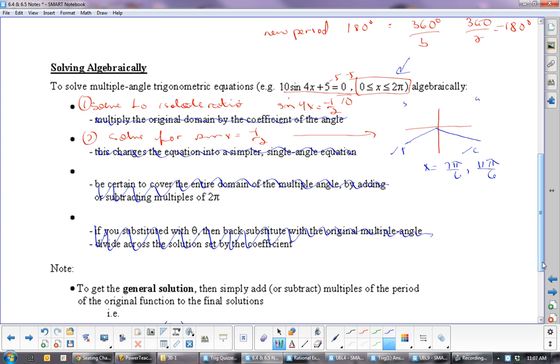Now, the third thing: if sine x has two answers, sine 4x would have how many answers? Would have 8 answers, yeah.